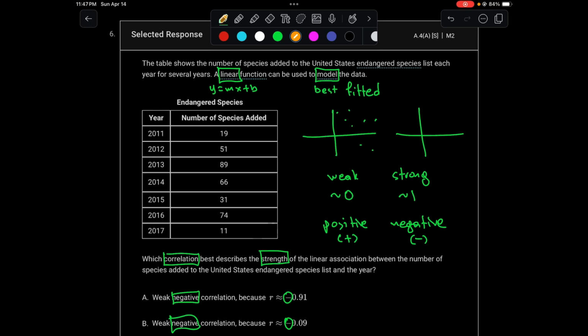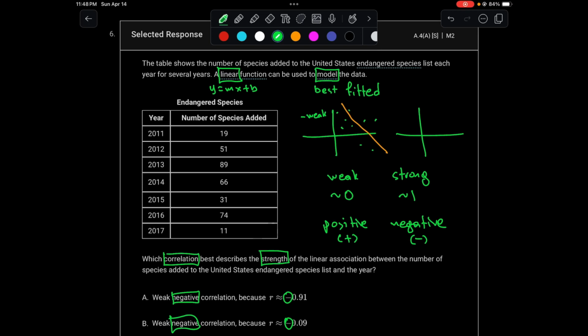If we try to approximate with a line, we're kind of missing a lot of points. There are points everywhere. They kind of go downwards, but they're not following the line. So here would be negative weak.